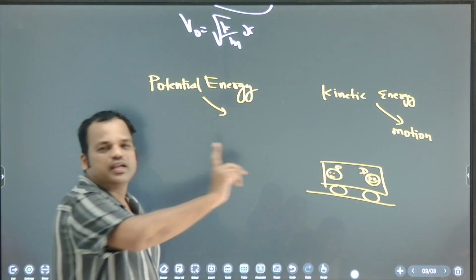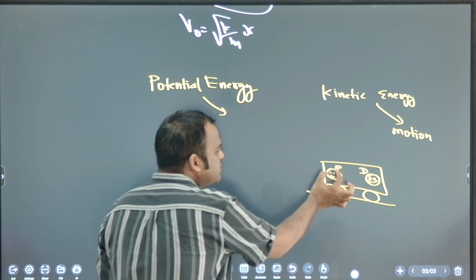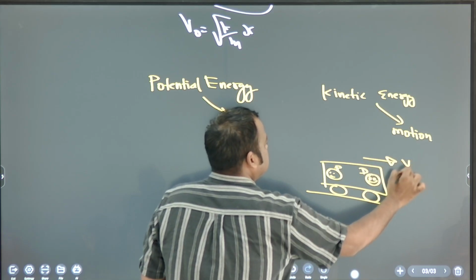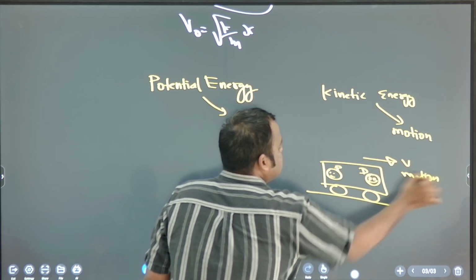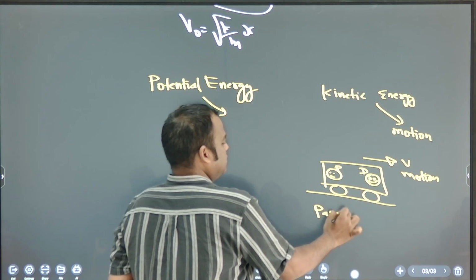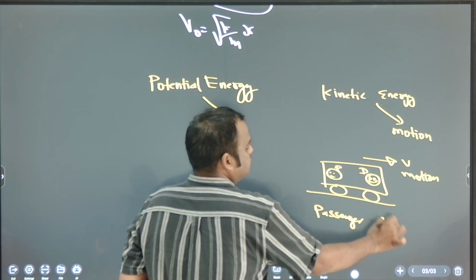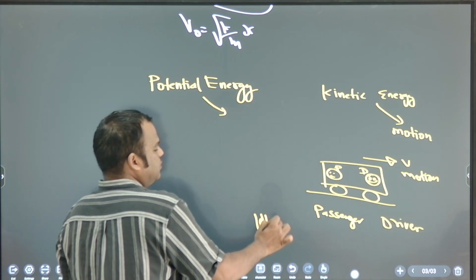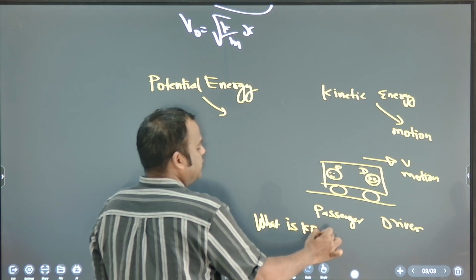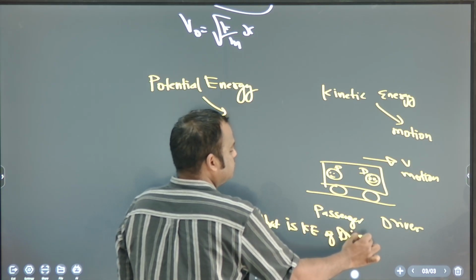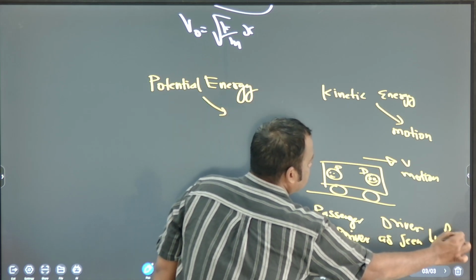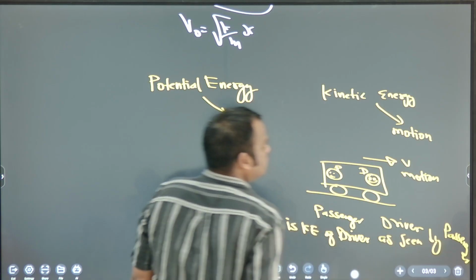What is the kinetic energy of the driver as seen by the passenger? Tell me. 0.